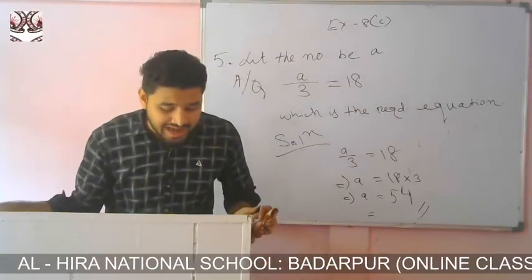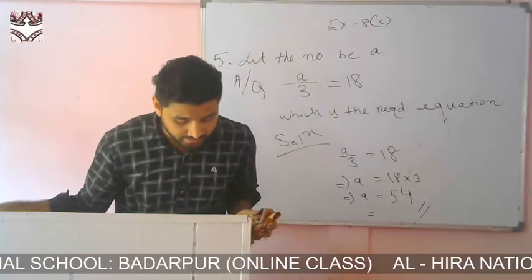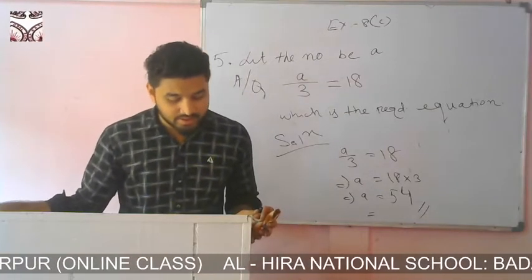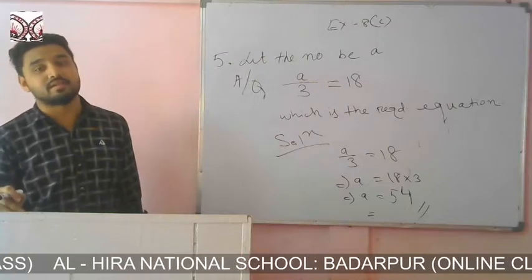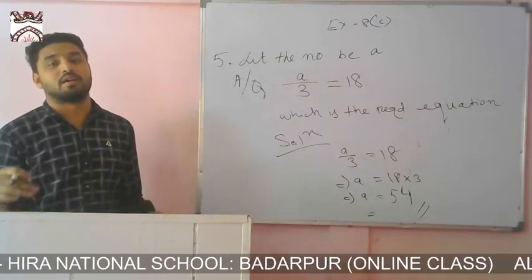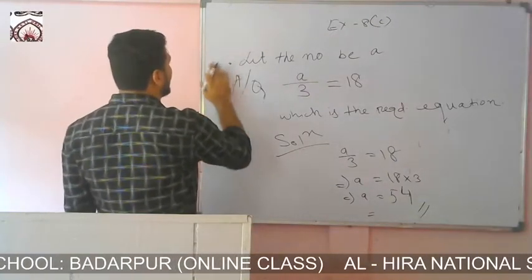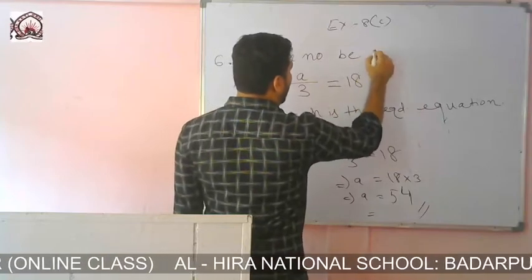Now come to question number 6. The product of 9 and a number equals 63. The product of 9 and a number. That means product means multiplication. So you see, we don't know the number, so we will write, let the number be x.